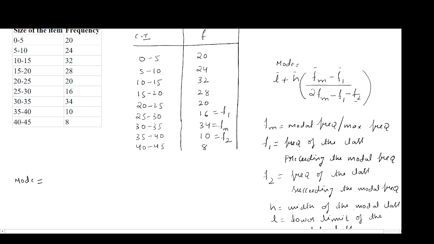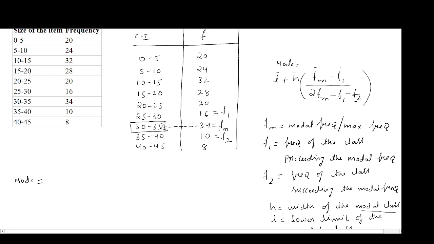Now I have to identify the modal class. Why? Because I have to find two more values, that is L as well as H. So now which is your modal class? This is your modal class. The value which is corresponding to the maximum frequency gives you the modal class.